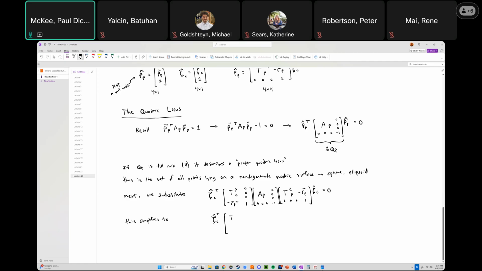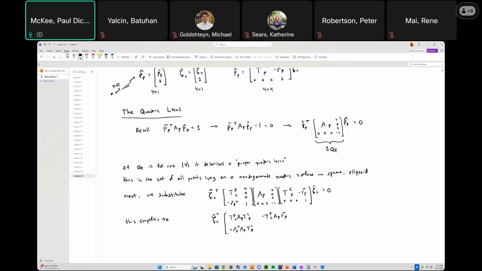It's going to be T, P to C, A_P, T, C to P. And then it's going to be negative T, P to C, A_P, R_P. And then we've got negative R_P transpose, A_P transpose, but it's a diagonal matrix, so transpose doesn't do anything, and then T, C to P.